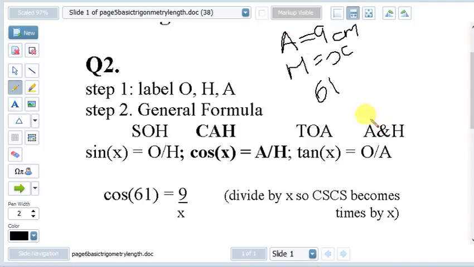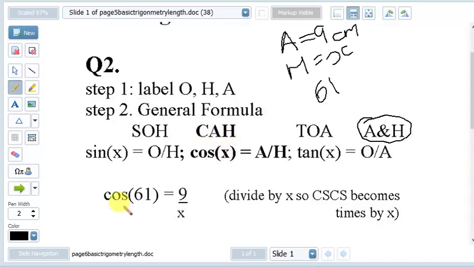So what we're after is either SOH, CAH or TOA, but the one has to have the A and the H in. So it's not SOH because that's O and H. It is cos because that's CAH, which is A and H.